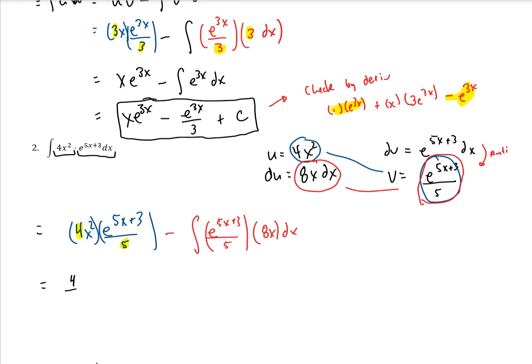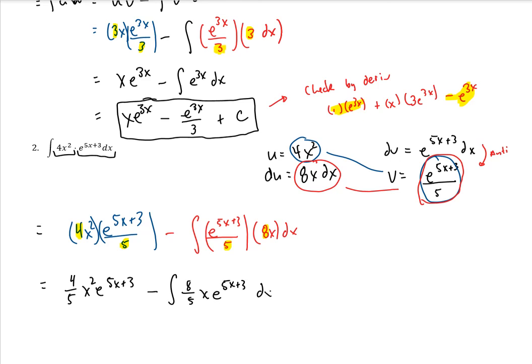So we got 4/5, and then x squared e to the 5x plus 3. And then we have minus the integral. I'm going to do something similar with the 8 and the 5 as 8/5, and then let's put the x and then the e to the 5x plus 3.